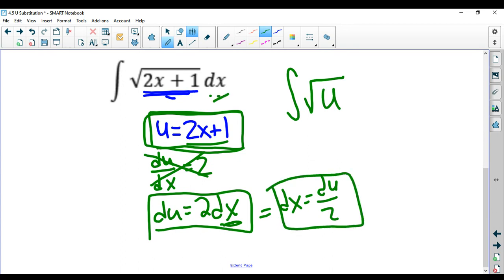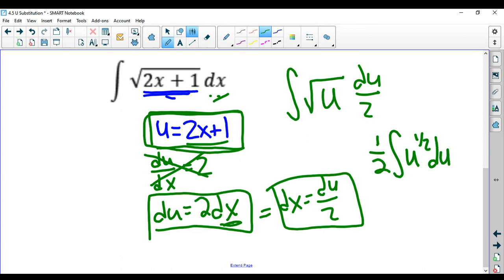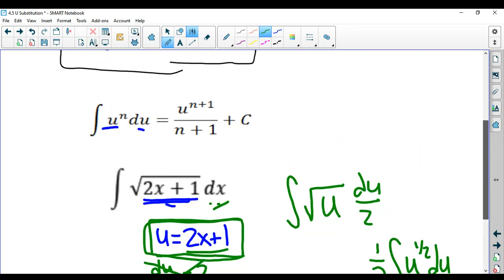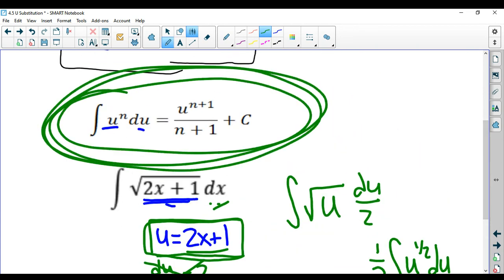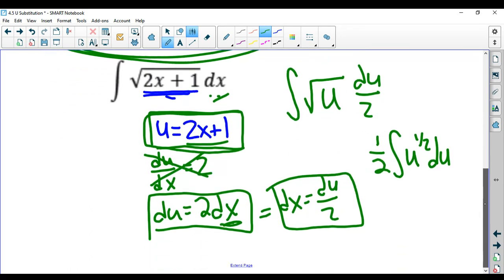So this dx, I can write du over 2. Then we're going to factor out 1/2, because we can. And that's it. That's what the u substitution gives us. And that's easy. It's an easy power rule, which is what all your integrals are ever going to be. You just have to be able to get them in that form.